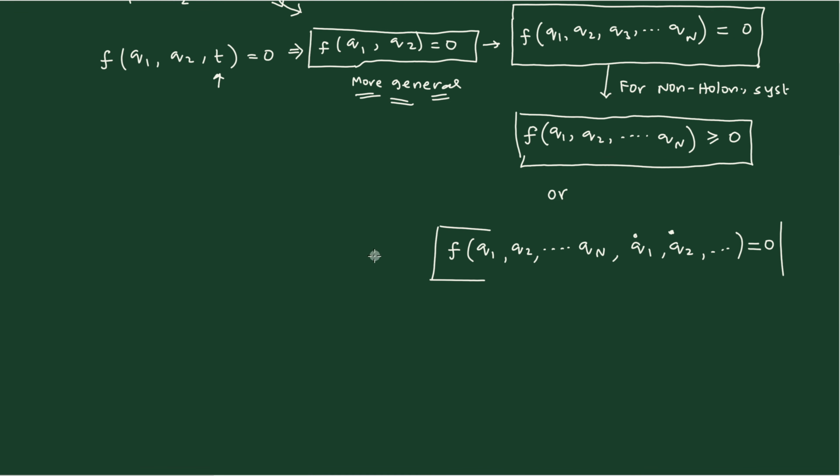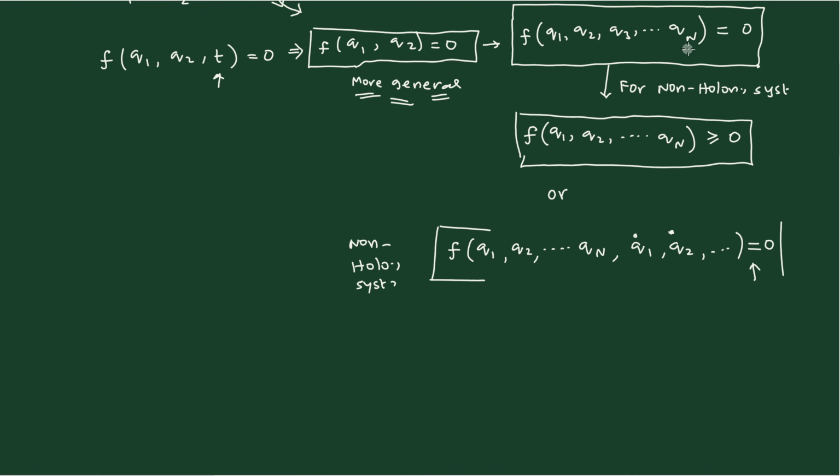So this is also a non-holonomic system. But remember, there is an equality here. So whether the equality is there on the right hand side or inequality is there, it doesn't matter. The moment these time derivatives enter into the picture, this becomes a non-holonomic system.